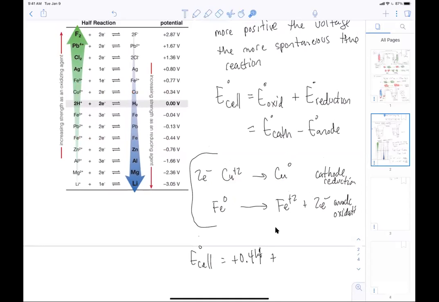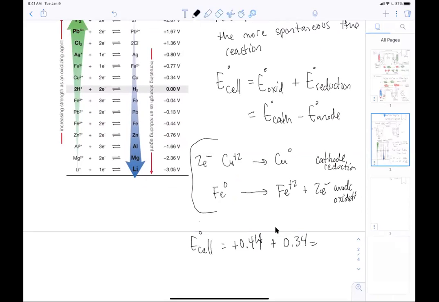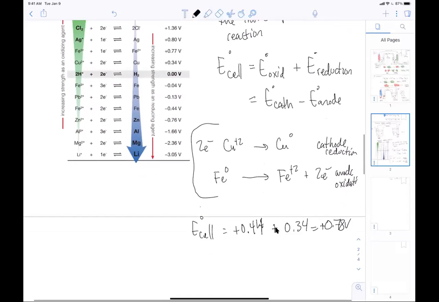And so that's plus 0.34. And so I end up with plus 0.78 volts. So this would be a spontaneous reaction because it's positive. That's really the extent of thinking there.